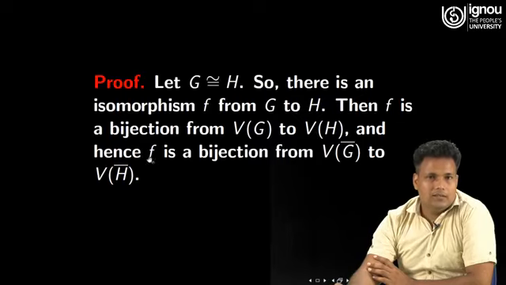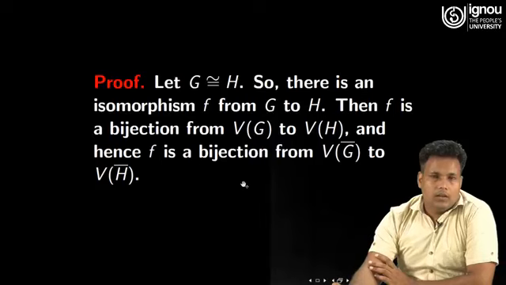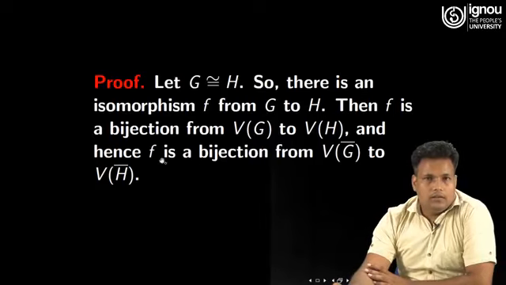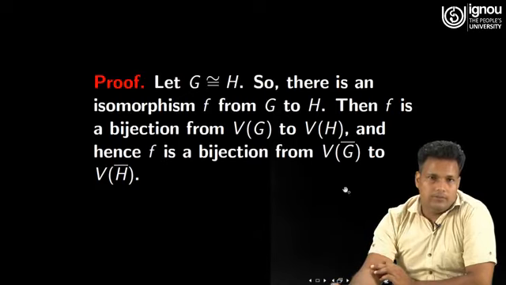And hence F is a bijection from V(G bar) to V(H bar), because V(G bar) is nothing but V(G) and V(H bar) is nothing but V(H). So now it remains to show that F is an isomorphism from G bar to H bar.